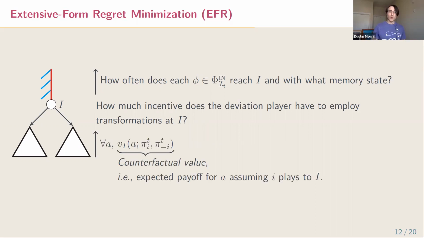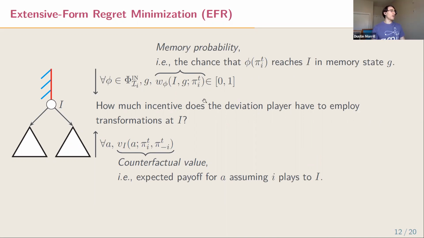So the bottom question is answered pretty simply. It's just the counterfactual value of playing action A in information set I. And this is basically the expected payoff for playing action A, assuming that player I plays to reach information set I. So it's like a conditional action value.